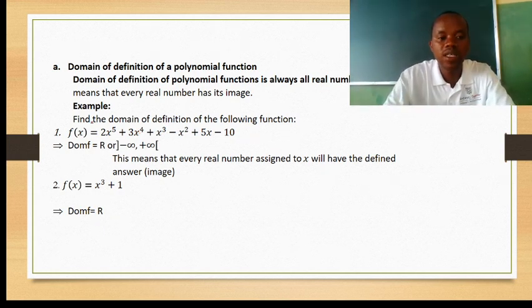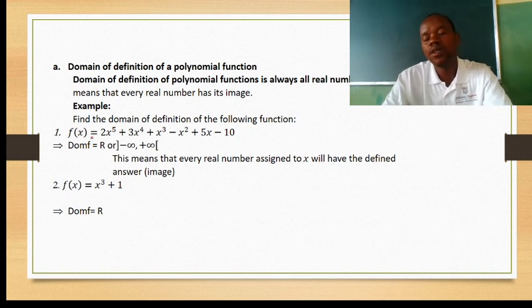That is why its domain of definition will be the set of all real numbers, or from minus infinity up to positive infinity exclusive. This means that every real number assigned to x will have an image, so every real number can have an image. That is why the domain of definition for this function is the set of all real numbers.